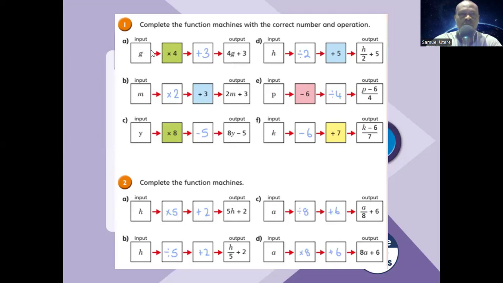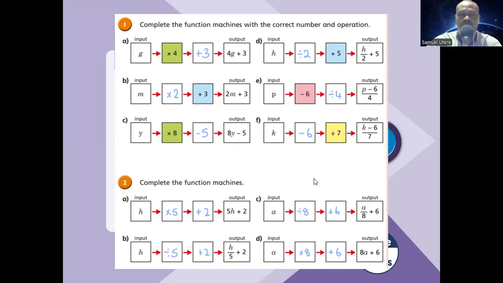So if we have g times 4, that's already 4g, and then in the end we have 4g plus 3, it means the operation would have been to add 3. Here you can clearly see that we already have add 5. Okay, h divided by 2, add 5. So clearly that should be a divide by 2. Okay, so those are the other answers.